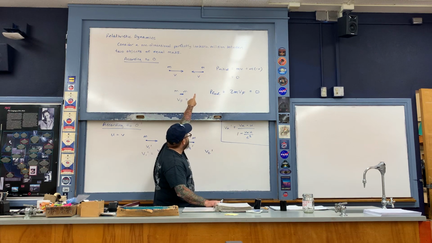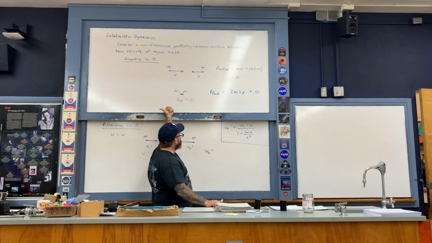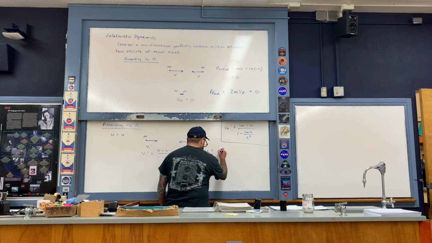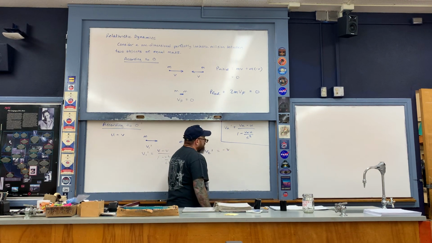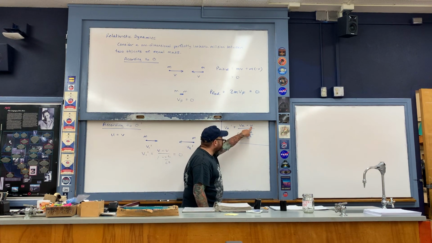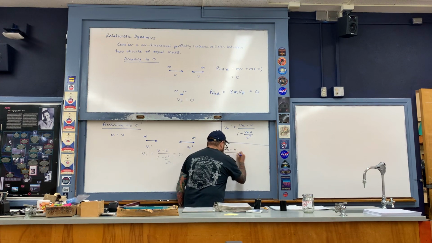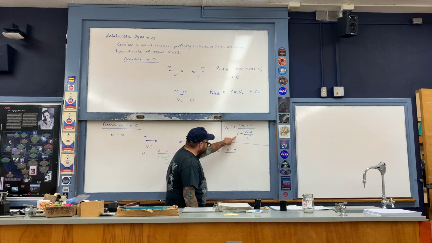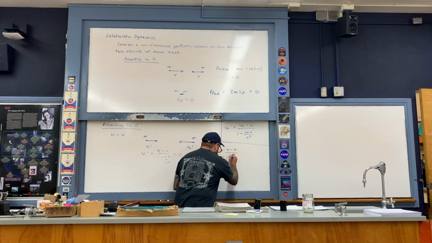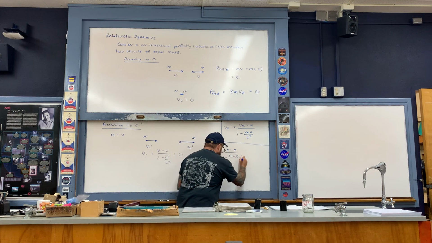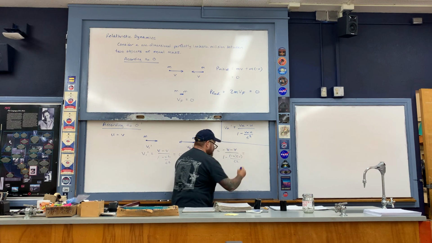That's negative v, because remember that the second object is initially moving to the left-hand side, like so. And then minus the velocity of O prime with respect to O, that's still v.